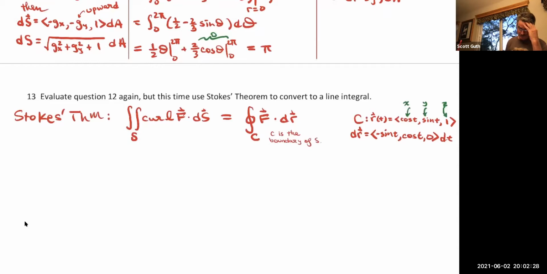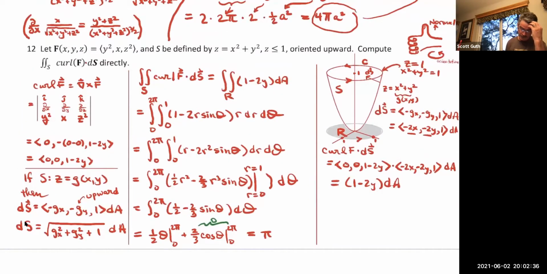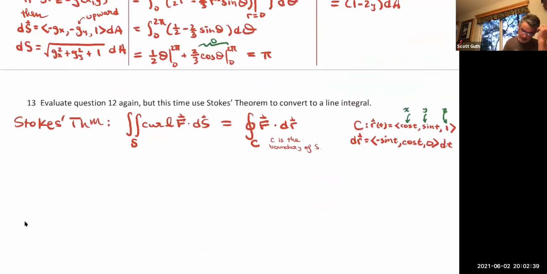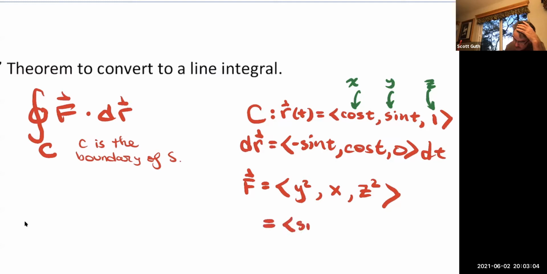My field, I wonder if we should break down what the field is. So we can copy that down from up above. It's y squared, x, z squared. So let's do that down here on the right with the other stuff. So our field is y squared, x, z squared. Now y is sine t, so this is going to be sine squared t.